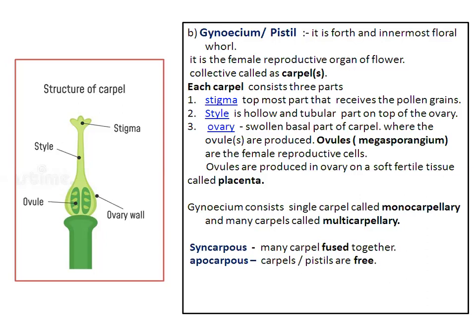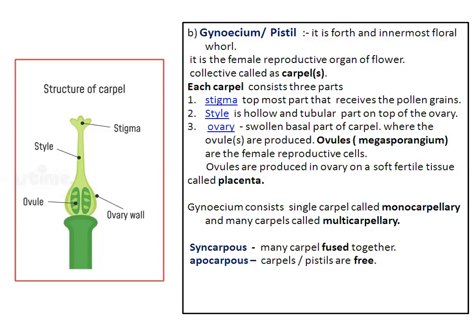You also studied in 11th standard the different modes of attachment of ovules within the ovary wall, known as placentation, such as axial placentation and peripheral placentation. So the carpel consists of three parts: stigma, style, and ovary, and within the ovary, ovules are developed.